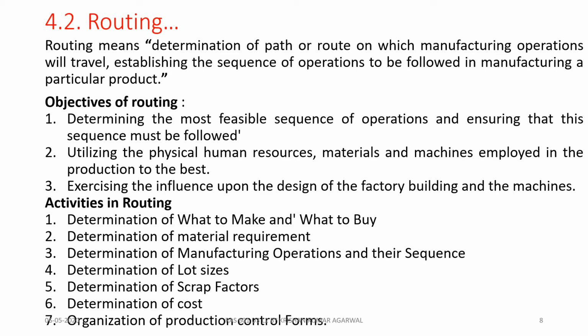The activities carried out by the production planning people are to determine what to make or what to purchase as a resource. They have to determine the material requirement and the quality of material. They have to determine the manufacturing operations and their sequences. They have to plan the lot in which, if the product is such that a batch type production system is suitable, then they have to plan the lot size, how many batches are prepared, and the number of batches.